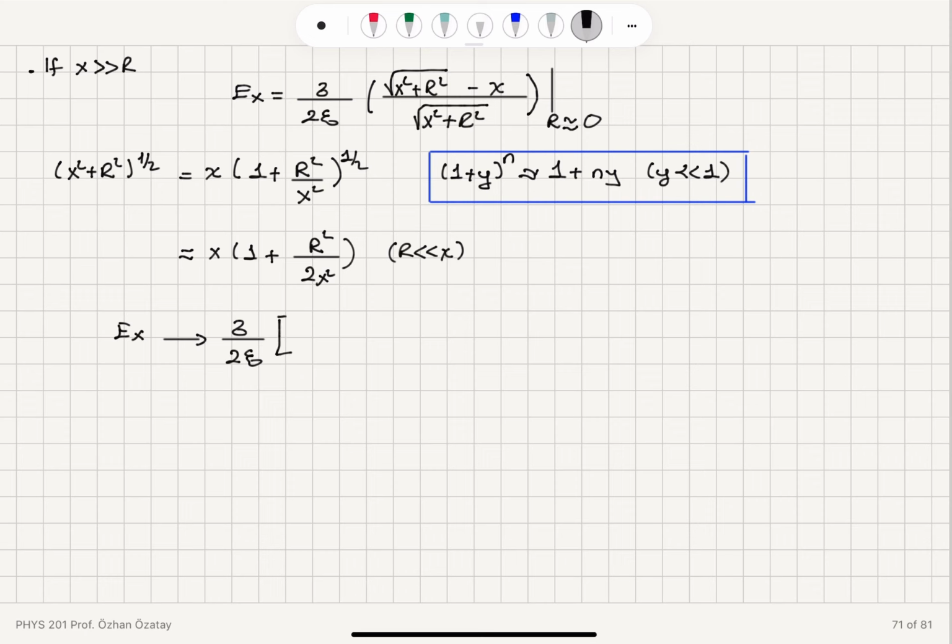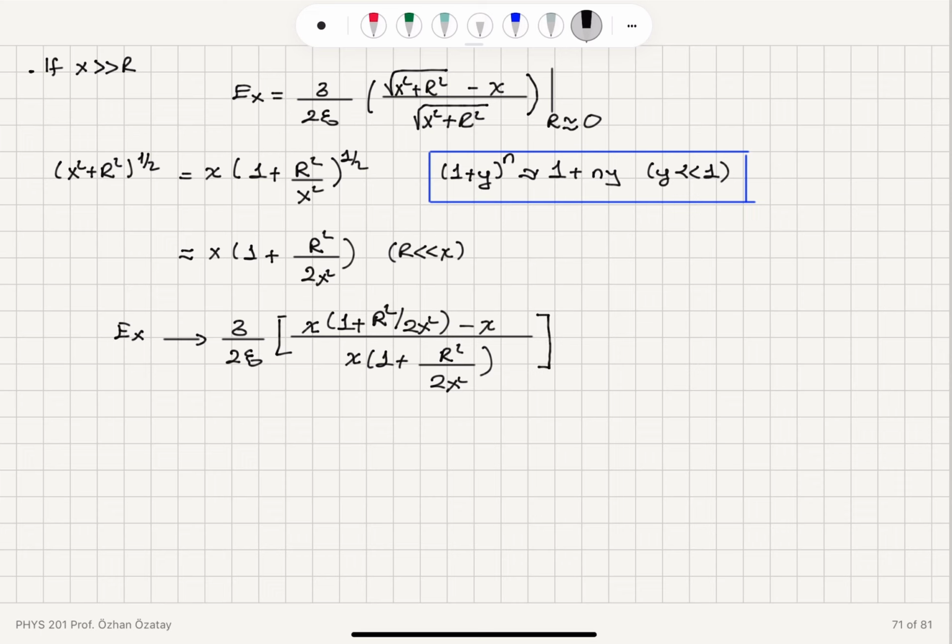For the top part here, I'm going to write x times 1 plus capital R squared over 2x squared. So I have replaced this square root with the Taylor series expansion in this limit, minus x, divided by x times 1 plus R squared over 2x squared for the bottom part.